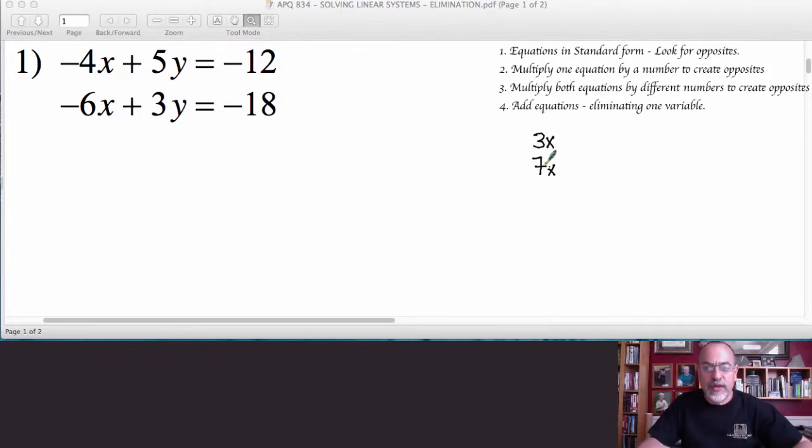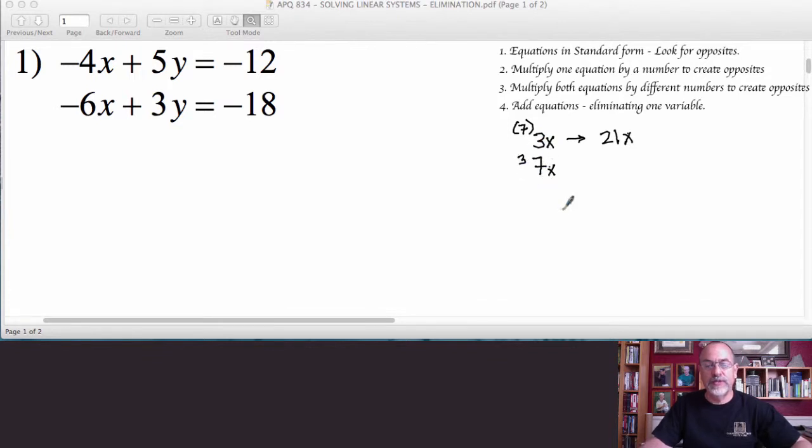So what that means is I need to take this 3 and this 7, and I'm going to multiply this 3 by the other coefficient 7. So when I multiply 3x by 7, that's going to give me 21x. Now, to create the opposite, I'm going to need to multiply this 7 by the other coefficient 3.